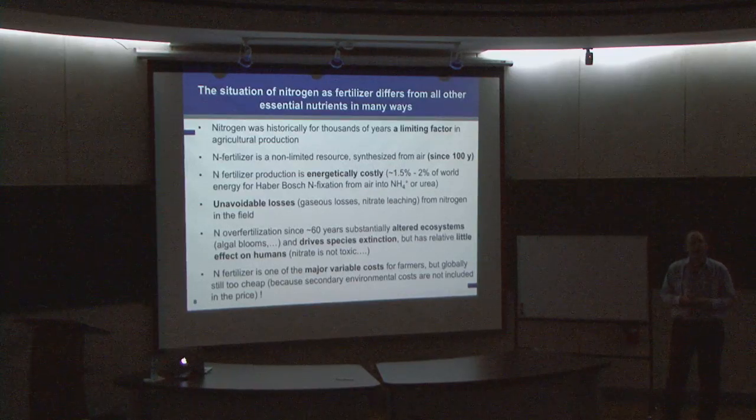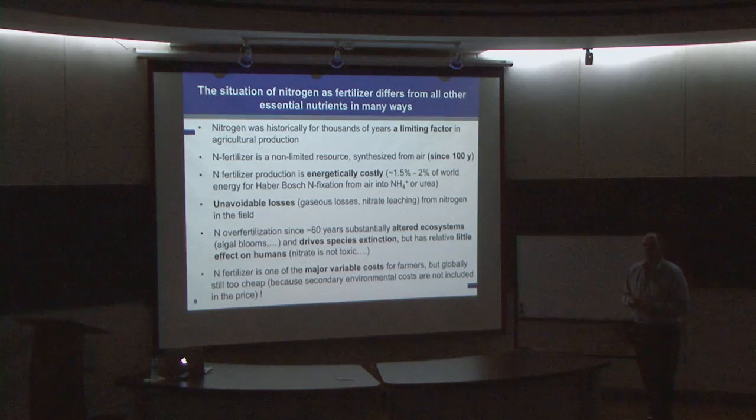I would say that the situation of nitrogen differs in many ways from all other nutrients, because nitrogen nowadays is not a limiting resource. We discussed about phosphorus, that phosphorus, if we use it in the current quantities, will run out in about 250 years, according to the expectations of the stores and reserves that we have and the current use.